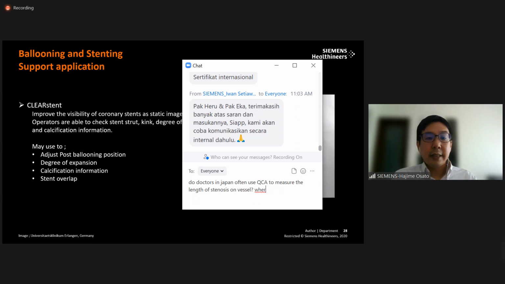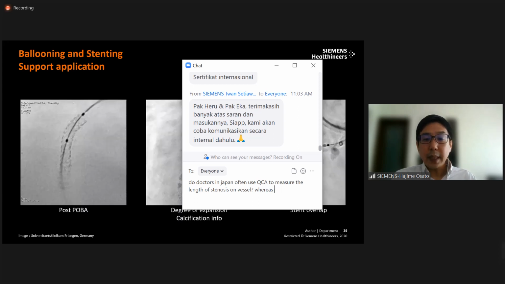All right. I will show the clinical images. This is for post-ballooning. The balloon marker has to be inside the deployed stent. And we can find this part is not expanded well because of the calcification here.